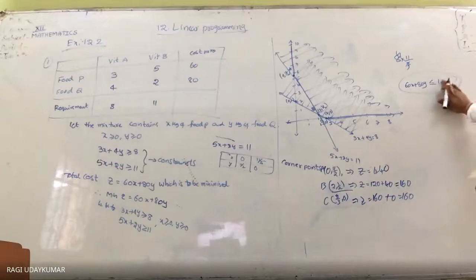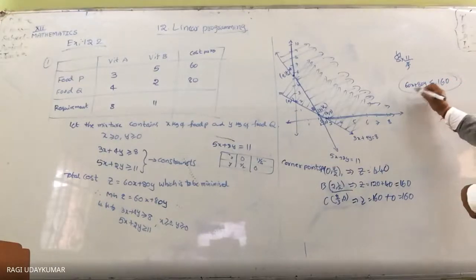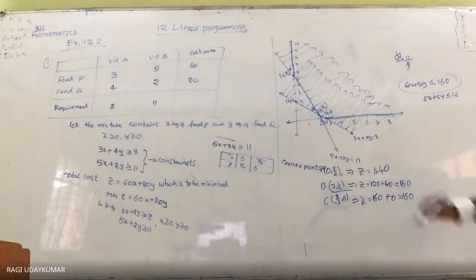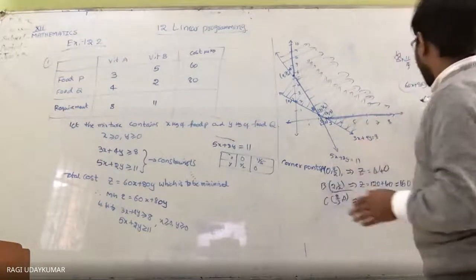So here also 160. We can take the common factor, so 6x plus 8y less than or equal to 16. Like this, an inequation should be drawn, less than or equal to.